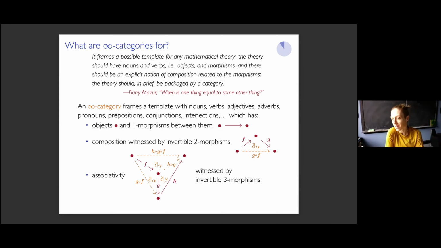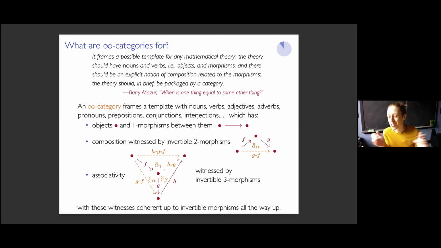So the data of these invertible two-dimensional morphisms that witness the composition relations form the boundary of a three-dimensional shape, in this case, a tetrahedron, and there will be an invertible three-dimensional morphism in there that's witnessing a coherence condition, or witnessing the overall associativity of this composition relation. And this doesn't stop at level 3, this continues all the way up.